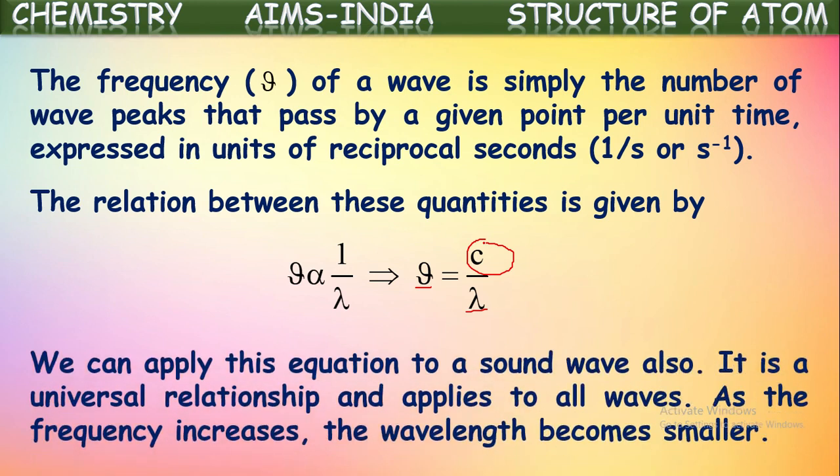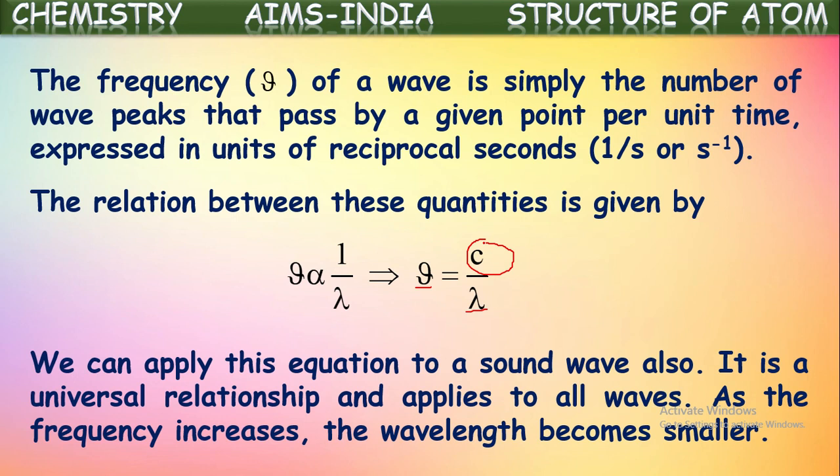Okay, we can apply this equation to a sound wave also. Yes, not only for electromagnetic waves, we can apply this equation relating frequency and wavelength of a wave even to sound waves. It is a universal relationship and applies to all waves, not only sound waves, not only electromagnetic waves.